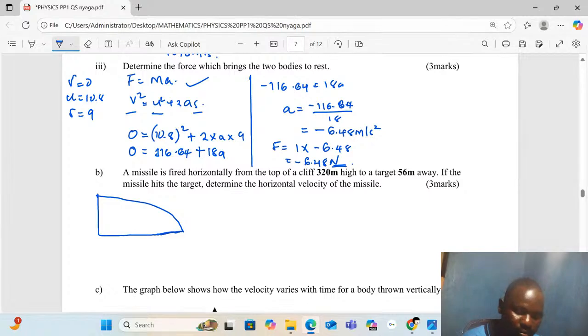Like that. So we are having the height of the cliff being 320 meters. And we are having the target 56 meters away.